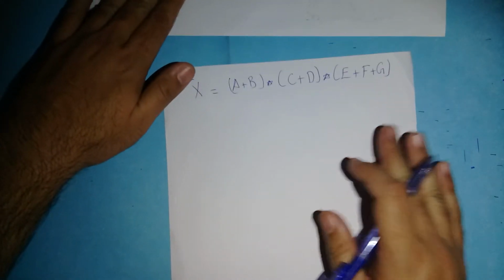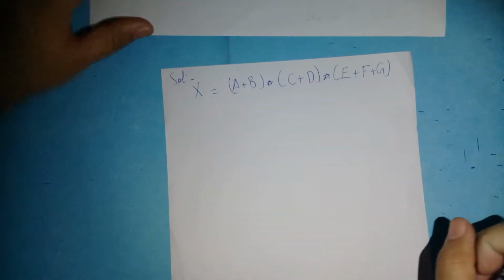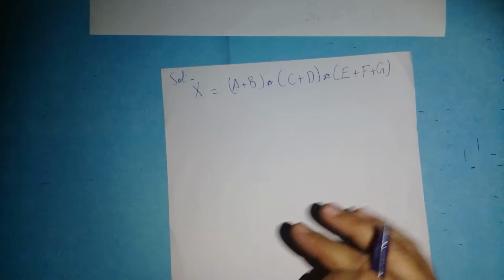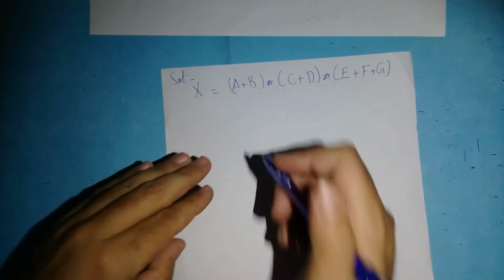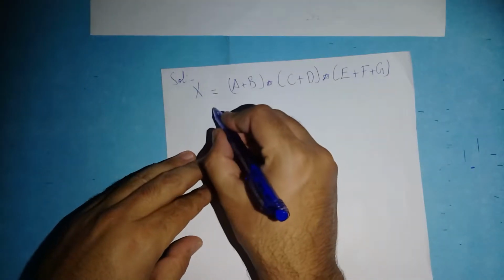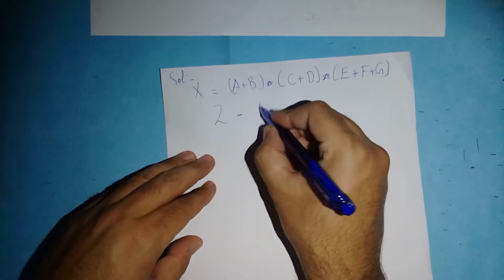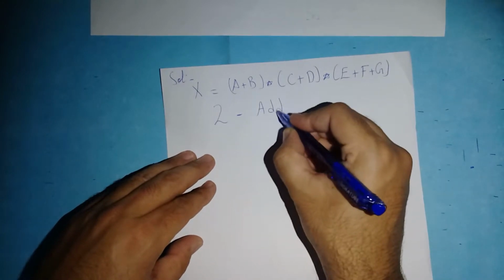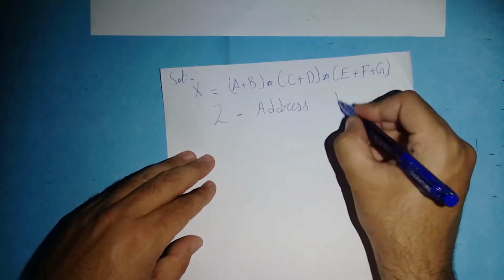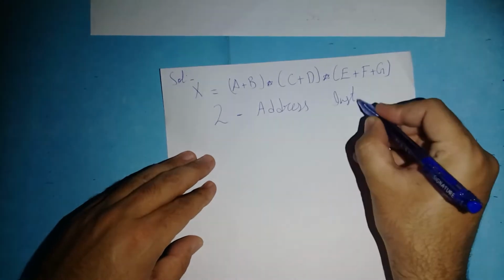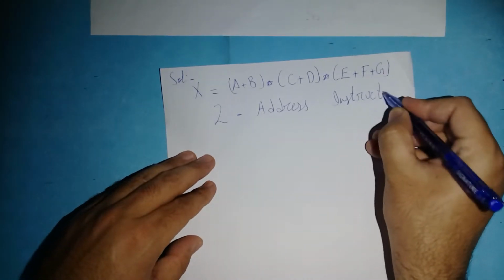Now, as you know, I'm going to write a program to evaluate this expression using a computer register with two address instruction. So that's why, on the top, I'm going to give the heading of two address instruction.